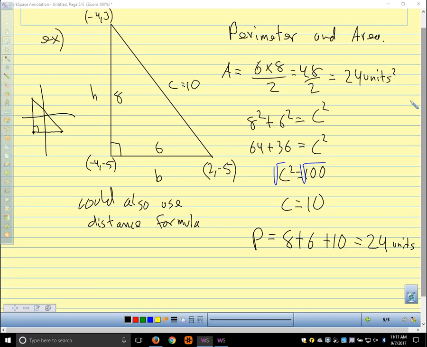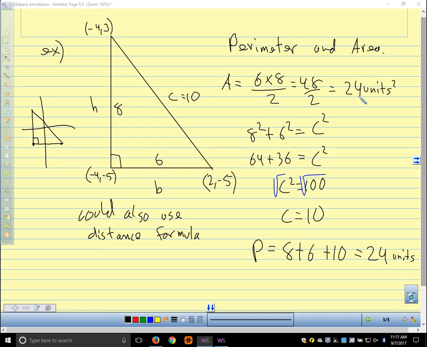So let's look really quickly at what happens with the distance formula. I'm going to call this x1, y1, x2, y2. The distance is the square root of y2 minus y1, negative 5 minus 3, squared plus x2 minus x1, 2 minus negative 4, squared.